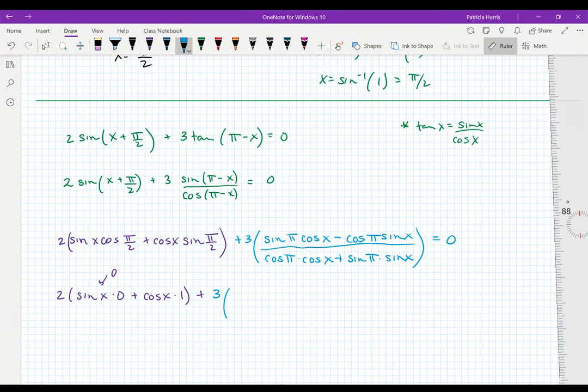Okay, sine of pi is 0. Cosine of pi is -1.